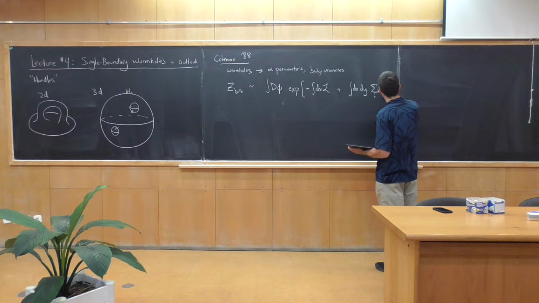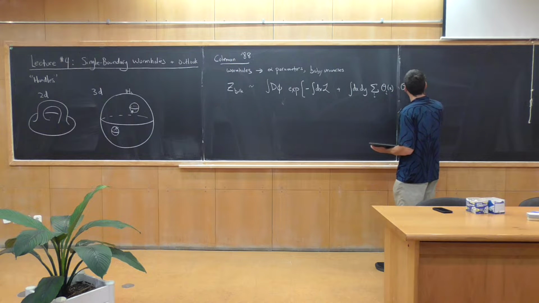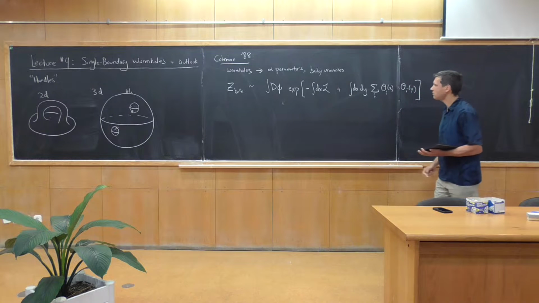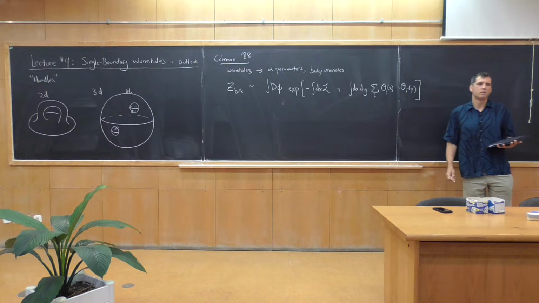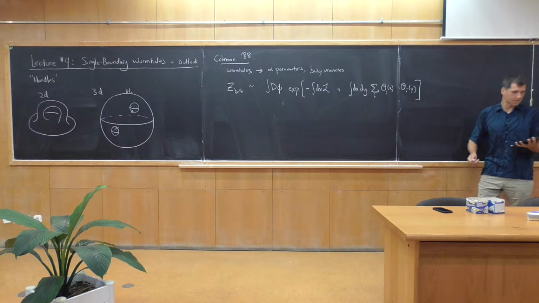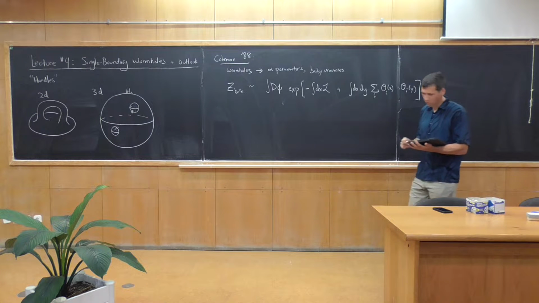So call that sum over I, O_I of x, O_I of y. So the idea is that this is what you get by integrating out these Planck-sized wormholes.